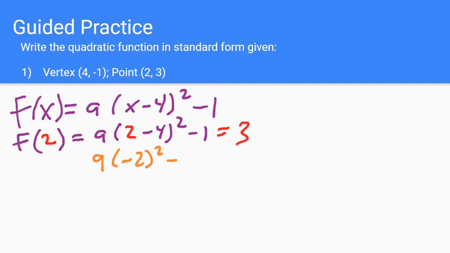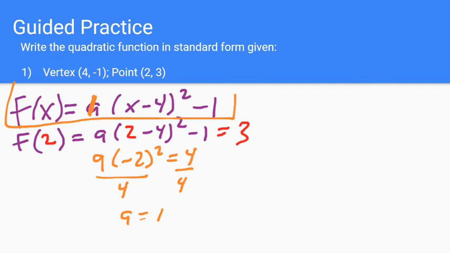So we can add 1 to both sides and we get 4. And then (-2) squared is just 4. So you can divide that on both sides and we get a is 1. So if we plug a 1 right there, that is our function. f of x equals, you don't even need to say the 1, just (x minus 4) squared minus 1.